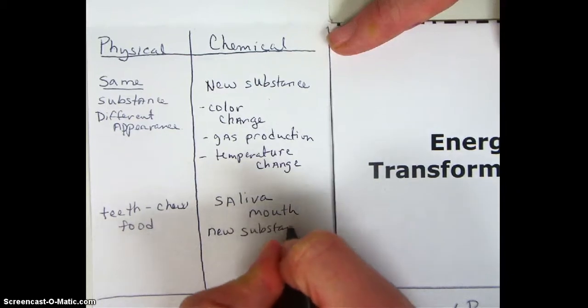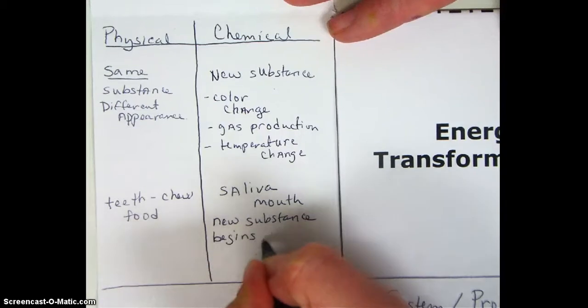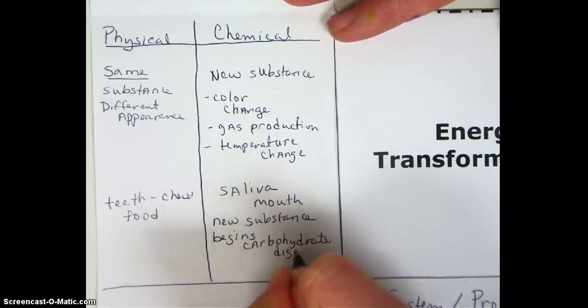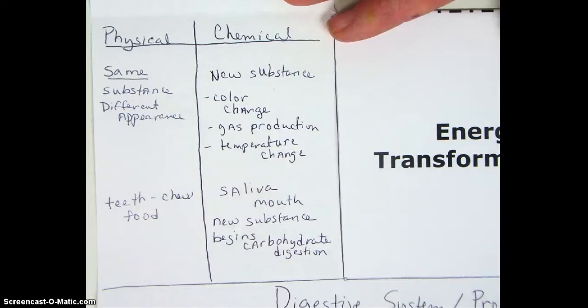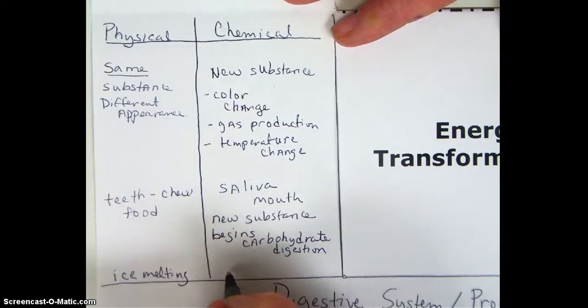It begins carbohydrate digestion. Sugars are broken down into a new substance. Another example of a physical change is ice melting. An example of a chemical change could be metal rusting. That's just an example.